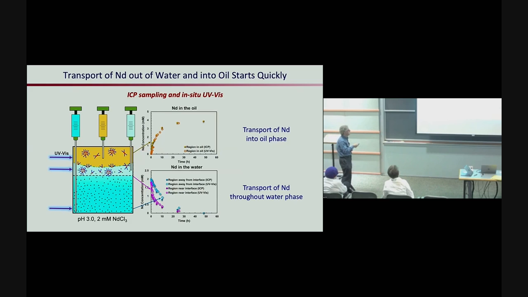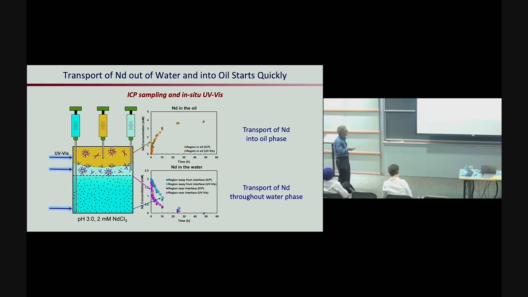The other way was to do this throughout the process by just sending in UV visible light and doing spectroscopy at these 3 positions. So we did this with a sample in which this was a fairly stable layer for some period of time. Eventually it does destabilize, but it's a little more stable than what I showed you on the previous slide.